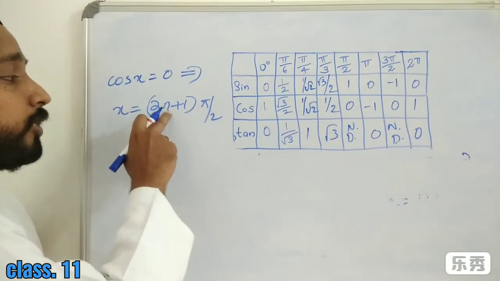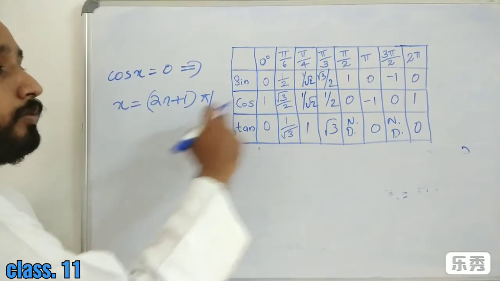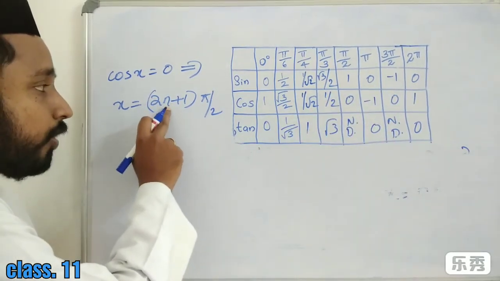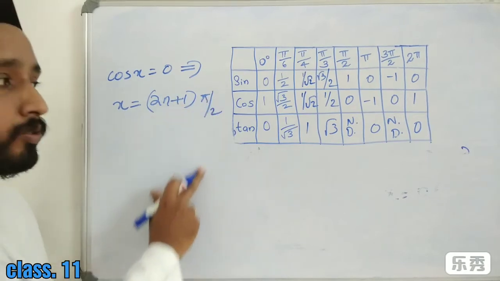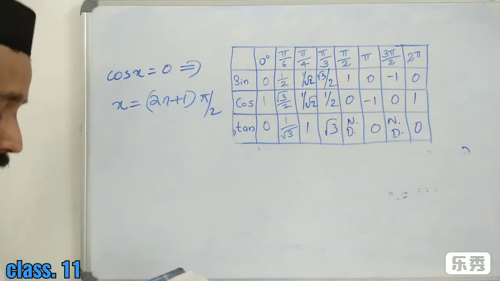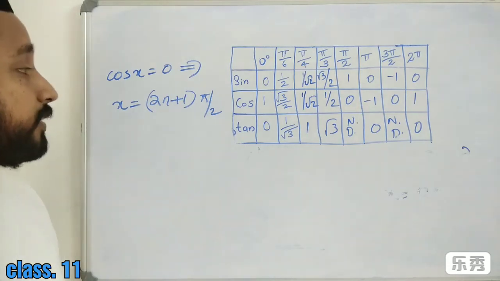Then, when n is equal to 1, 2 into 1 is 2, 2 plus 1 is 3, 3 pi by 2 is also 0. When n is equal to 2, 2 into 2 is 4, 4 plus 1 is 5, 5 pi by 2 is 0. So cos x is equal to 0 means x is equal to (2n plus 1) pi by 2.